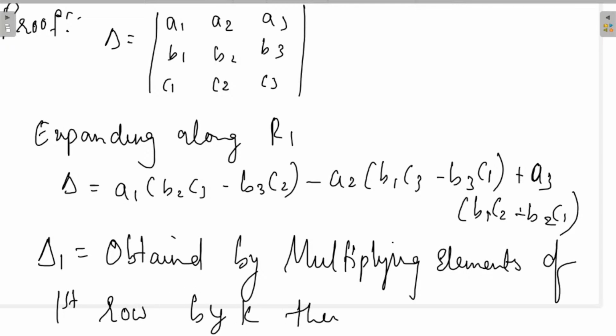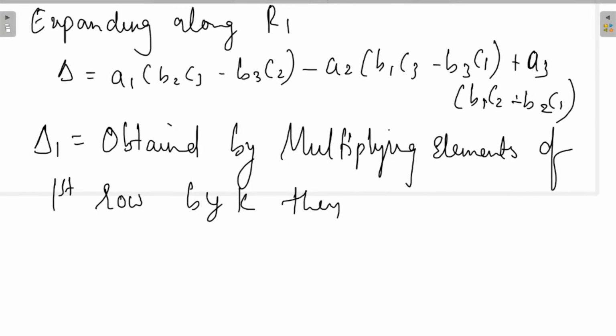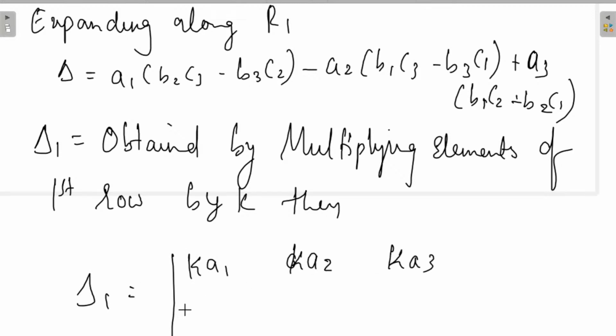Let me take delta 1 now. Here what will delta 1 be? That will be k a1, k a2, k a3, b1, b2, b3, c1, c2, c3.